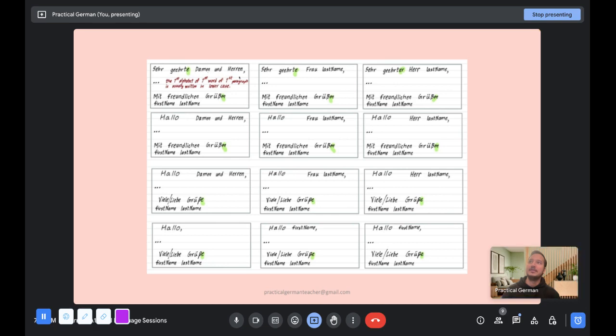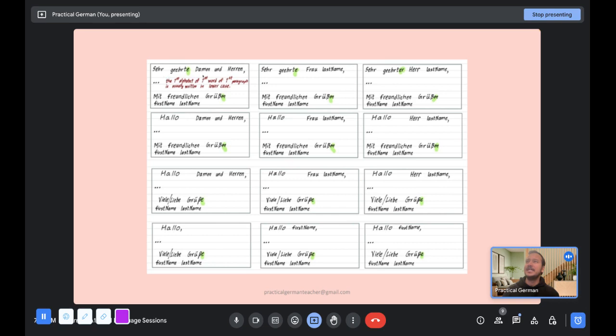Sehr geehrte, geehrte is an adjective, so it means respected. Sometimes there is a verb called ehren, it means to honor someone. You don't need to go into details, but it may mean honored. It may mean respected. Sehr means very much. Okay, sehr means very.